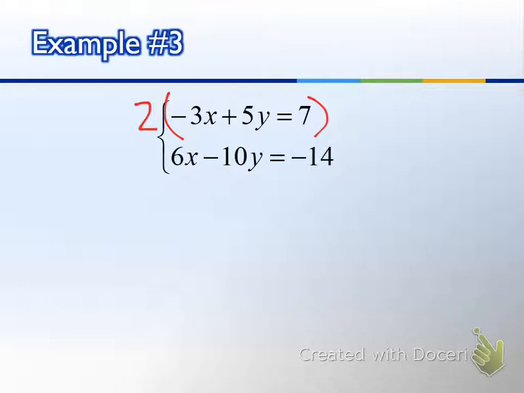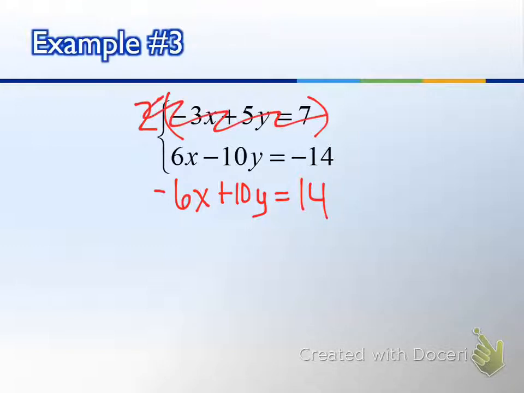When I do that, I get -6x plus 10y equals 14. So now I can kind of ignore that top equation. We're done with it. We're focusing on these two equations here, and what do we notice happens? Everything cancels, so I end up with what equals what? 0 equals 0. That means that we have infinitely many solutions.